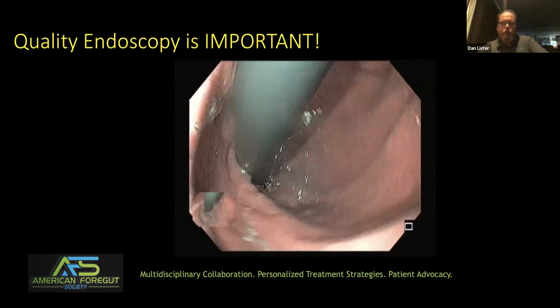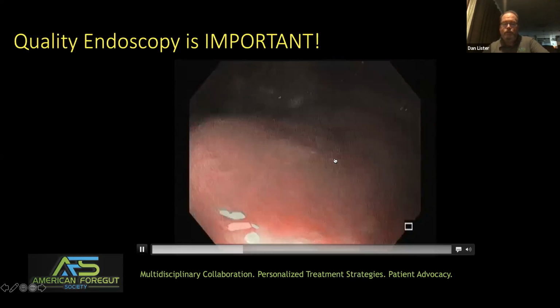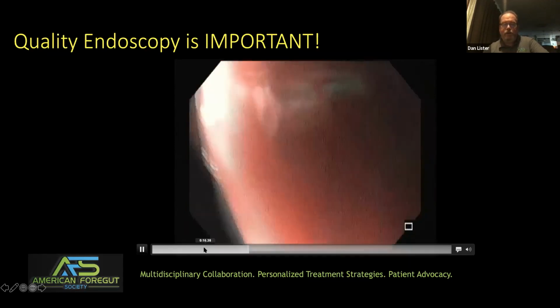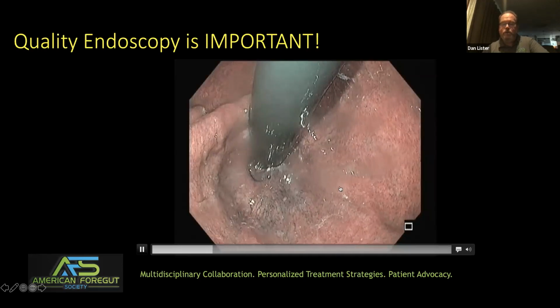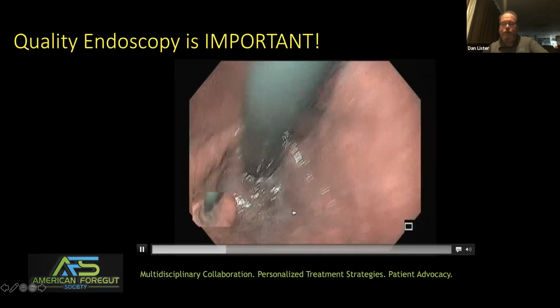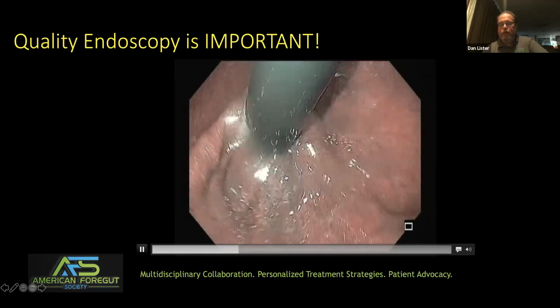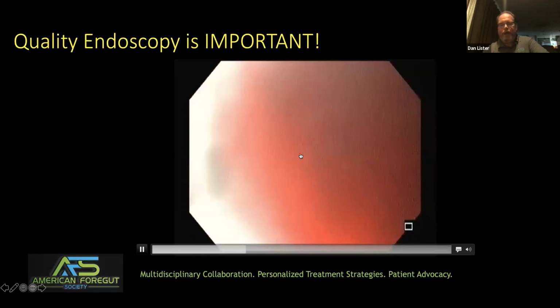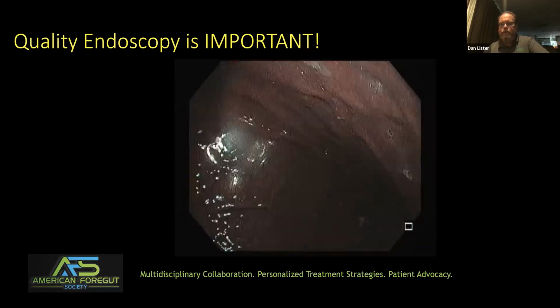But if you look retroflexed, you can see along here, let me back this up just a little bit. These are the palisade vessels, which mark the actual end of the tubular esophagus. This valve has become incompetent and you've got effacement of the valve, so you're actually not seeing where the true end of the esophagus is.